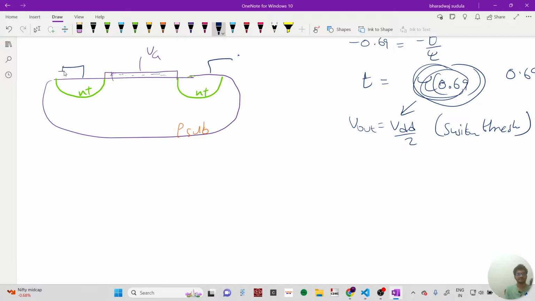We can short this to ground, this to the output. So let's say this is output. So this entire thing can be represented with the simple diagram. Let's say this is the ground and this is the VG gate and this is the Vout output, these two.